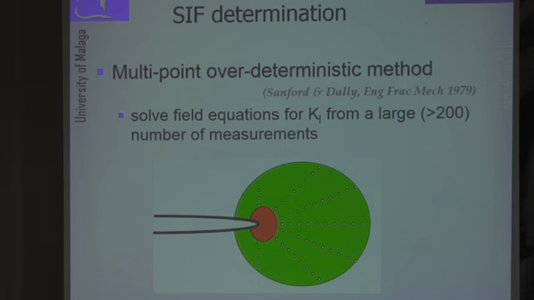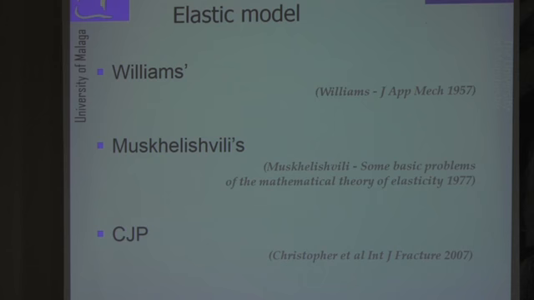And this strain map we can use in a similar way as some colleagues talked about today, following the approach proposed by Sanford and Dally in 1979, the multi-point over-deterministic method, which has two ingredients. The idea is that we fit an elastic model, or a mathematical-analytical model, to the experimental data, and from this fitting we get the stress intensity factor, or other parameters.